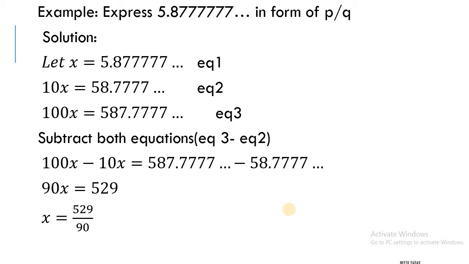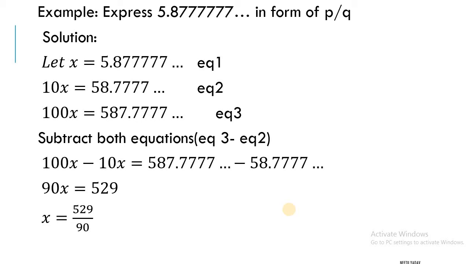Now just compare these two equations. What if I subtract these two? Do I get complete 0 after the decimal point? No. Why? Because there is an 8 and there is a 7. So we cannot subtract these two equations to get zeros after the decimal point. So what is the next step?